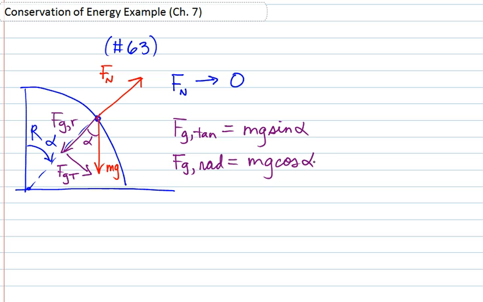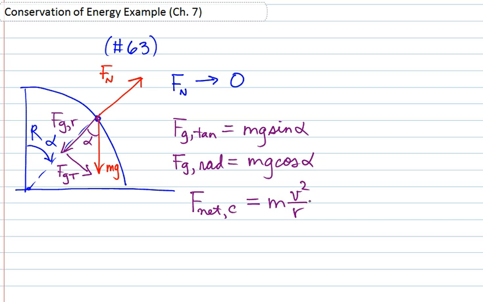We can make use of centripetal force, and say that the net force in the centripetal or radial direction is equal to mv squared over r, because the skier will definitely have a speed at that point, we just don't know what it is.